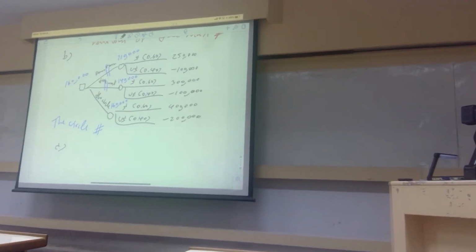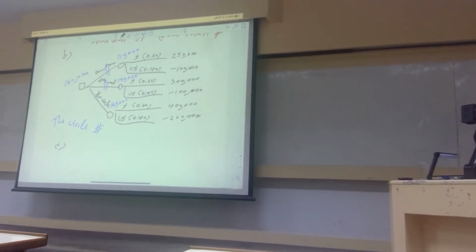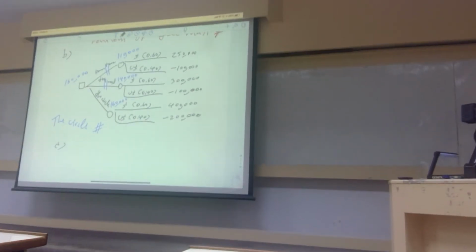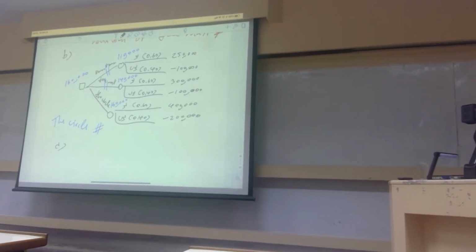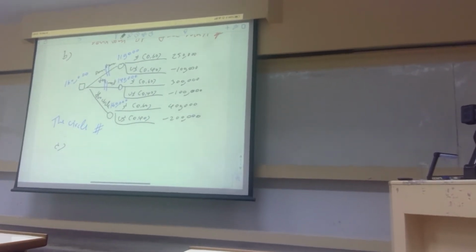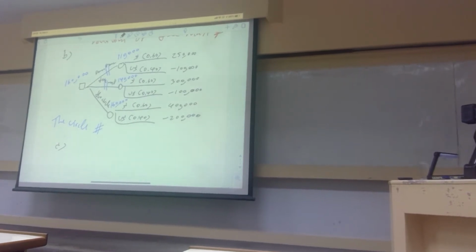The result of the study shows positive and negative, so positive survey using P and negative survey using N. And then they tell us about the conditional probabilities, so they want us to calculate the probabilities. For success, I'm going to use S.